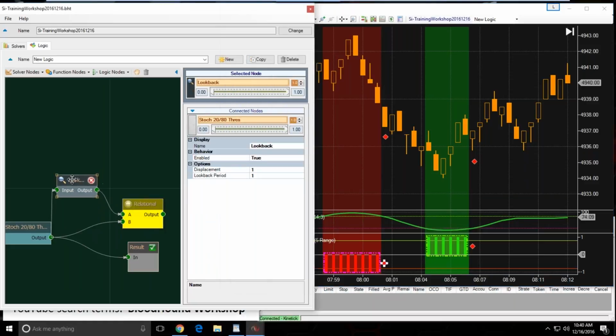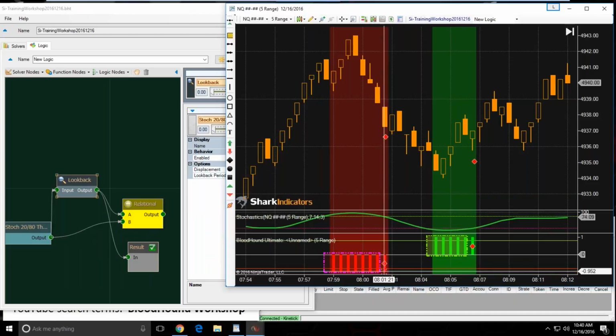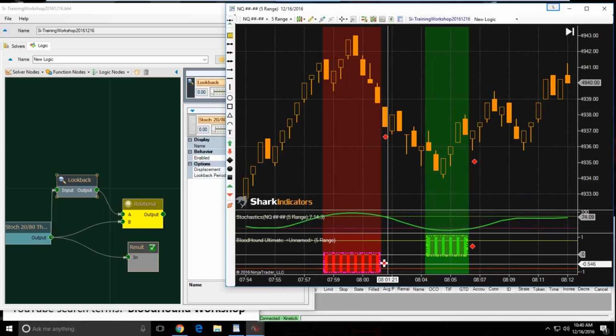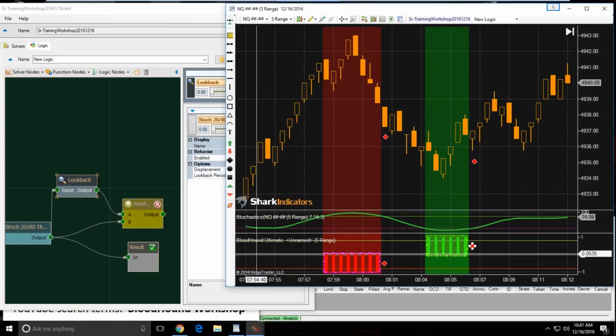Right, so the look back node, if we take a look at that, has a value of 1 on that bar. B has a value of 0 because there's no signal on that particular bar, so it has an output of 0.